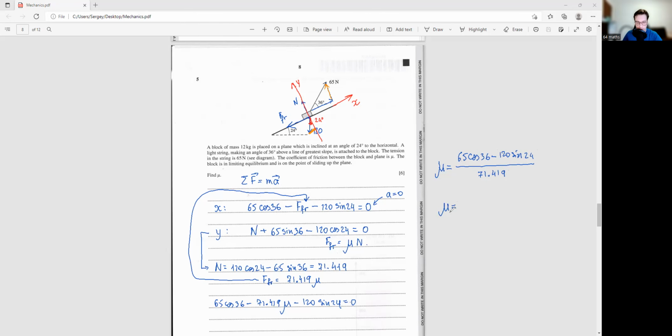Again, some serious calculations going on. Give me a couple of moments. Okay, got 0.05289.